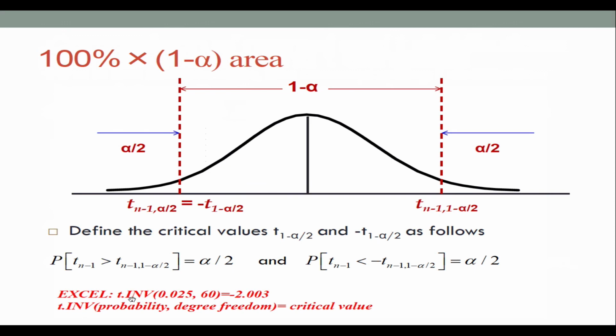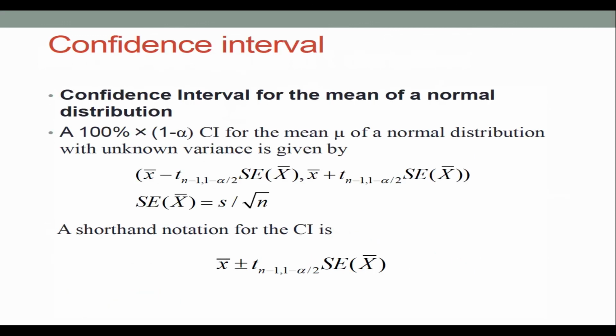You can use the T.INV function in Excel to find the critical value for t n-1, 1 minus alpha over 2. You need to give the probability 0.025 as the first element in this function, and the second element is the degrees of freedom of the t distribution you are talking about. Okay? So using this function, you can find the critical value for the t distribution.